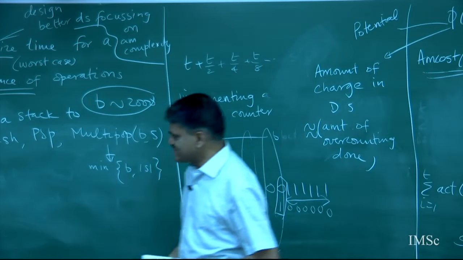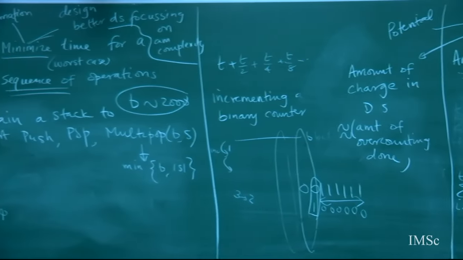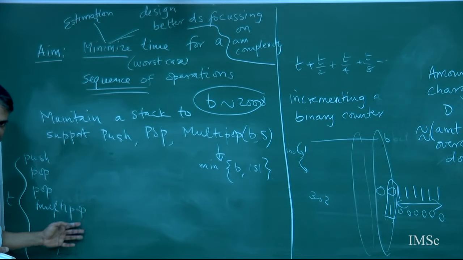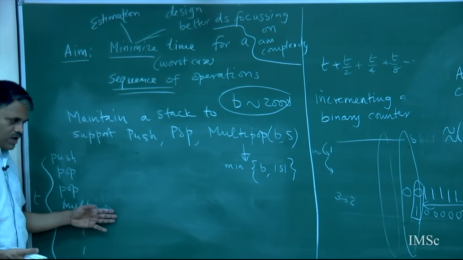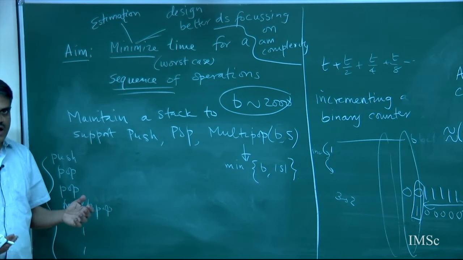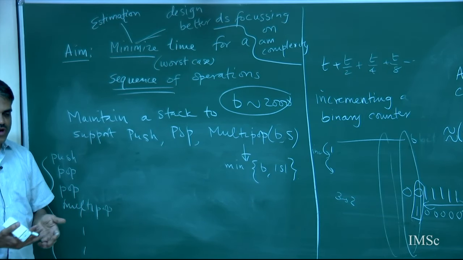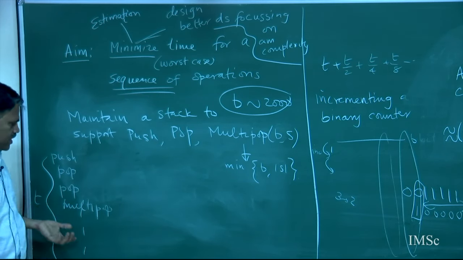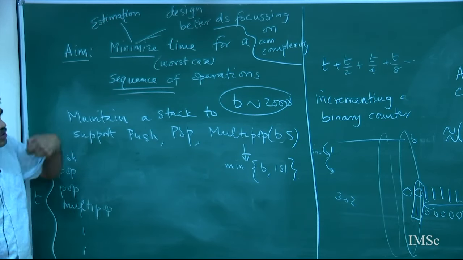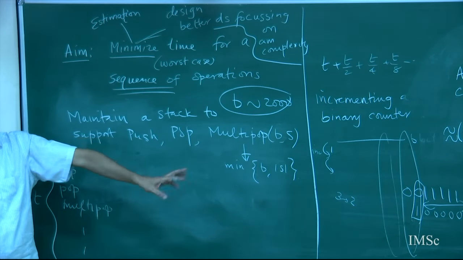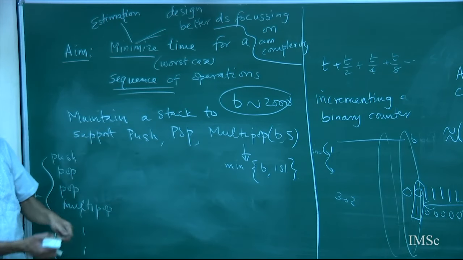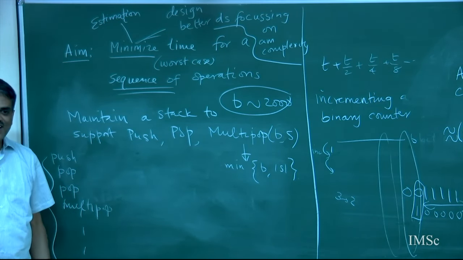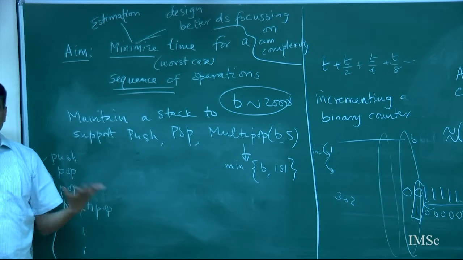Now, the idea is, suppose I break this up into single pop operations, and every pop takes constant time. What is the maximum number of real pops? There will be some pop operations where you go to the stack, find there's nothing there, and come out. But the total number of real pops is upper bounded by the number of pushes.